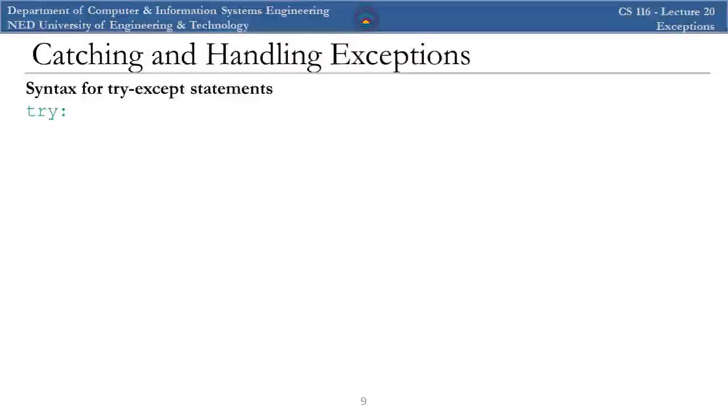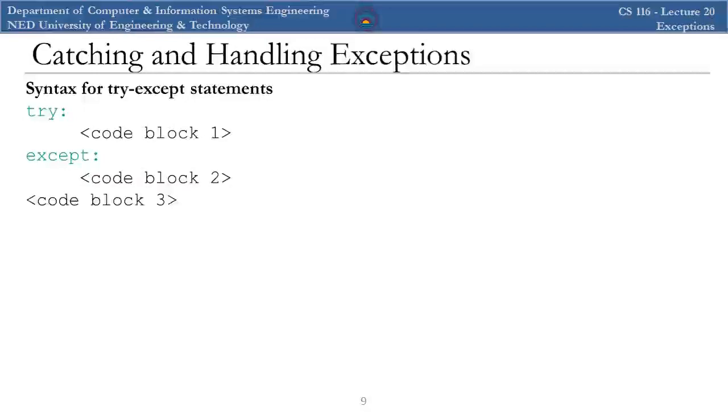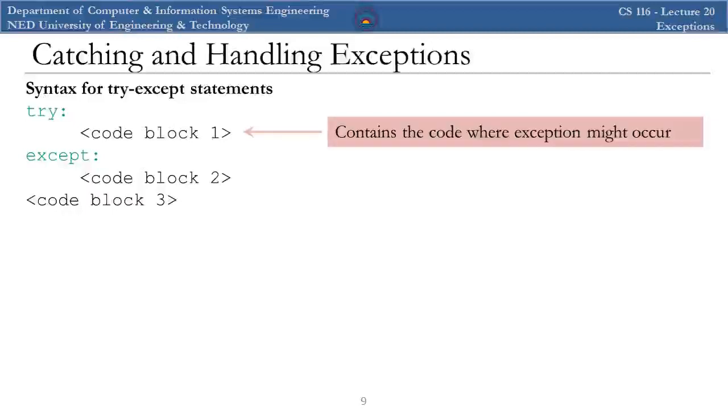Actually, these are keywords. So we have a try block in our code. You use the keyword try followed by a colon, then you include some code here, and then you can define an except block. In the except block, you can also define some other code. And then there is a third piece of code. The code in which you are expecting an error, you place in the try block.